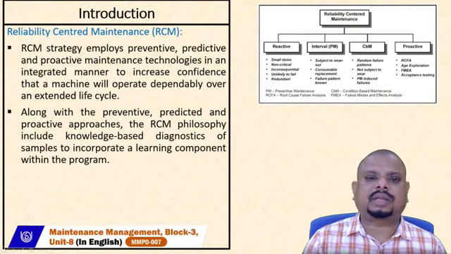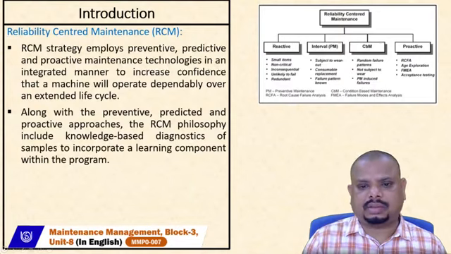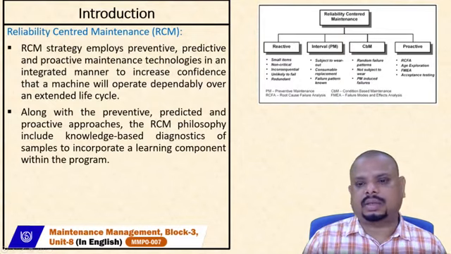So let's understand the classification of reliability centered maintenance. They are classified into four categories. The first one is known as reactive. It includes small items, non-critical items, inconsequential items, unlikely to fail, and redundant. Similarly, the second class is known as intervals.